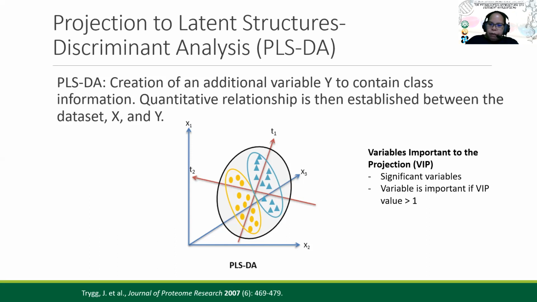In terms of the variables important to the projection, this is actually used to identify significant variables that are important in differentiating your different groups. And so if your VIP value is greater than 1, then it is considered to be important.